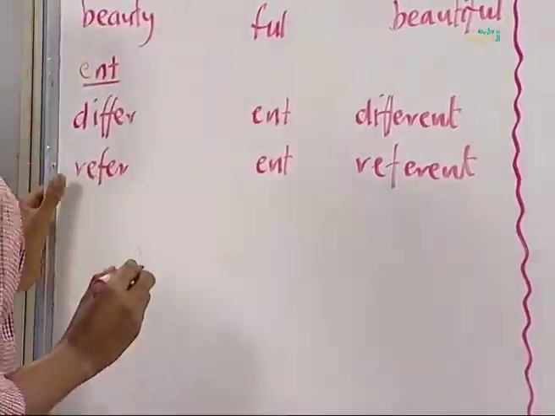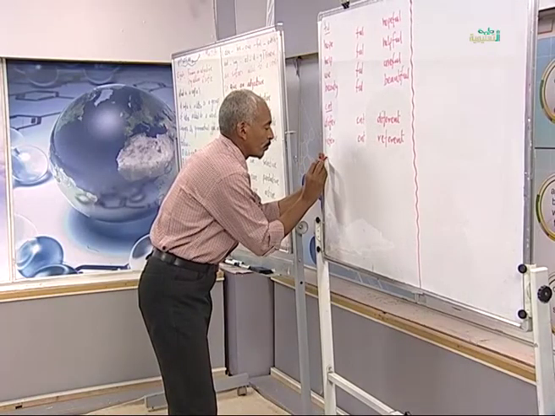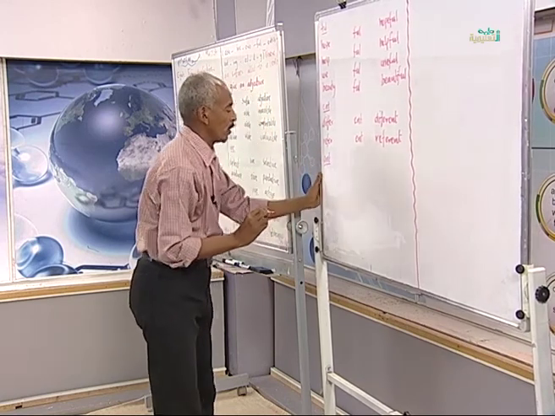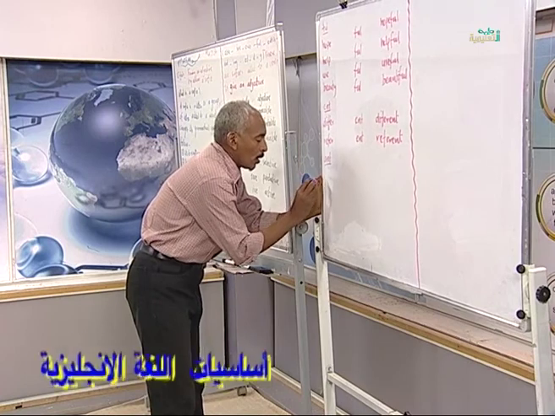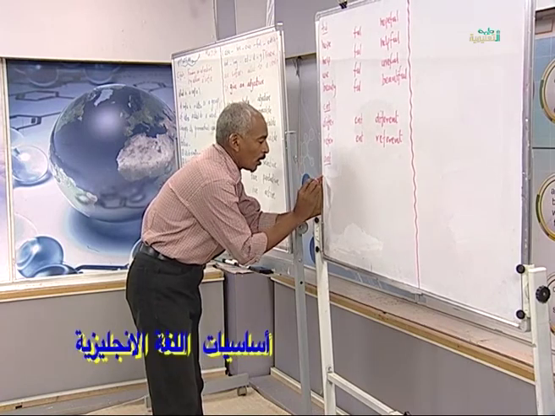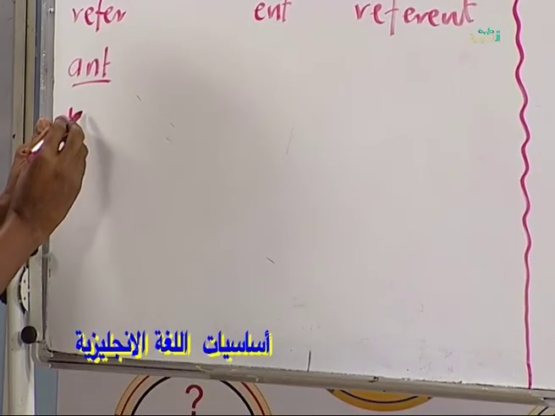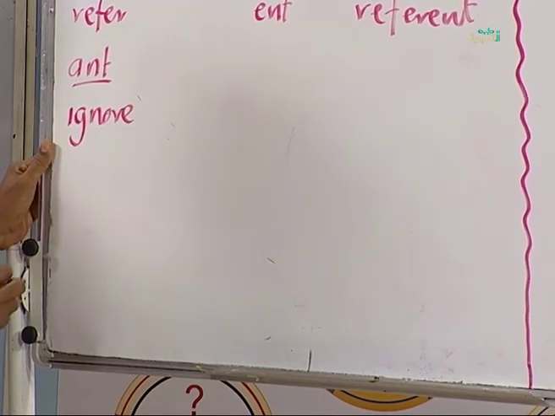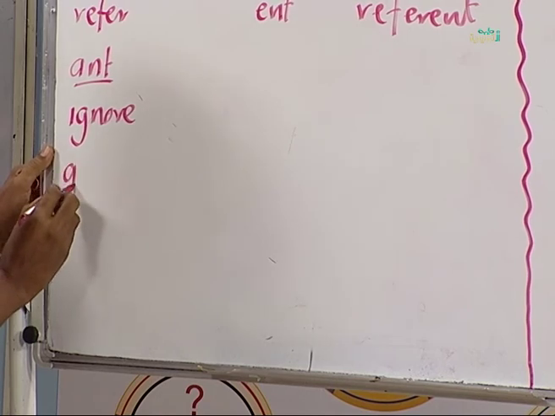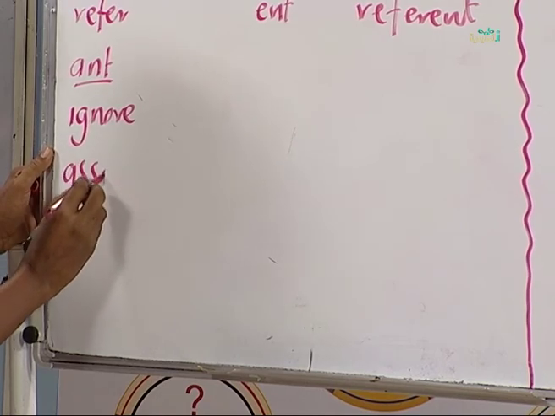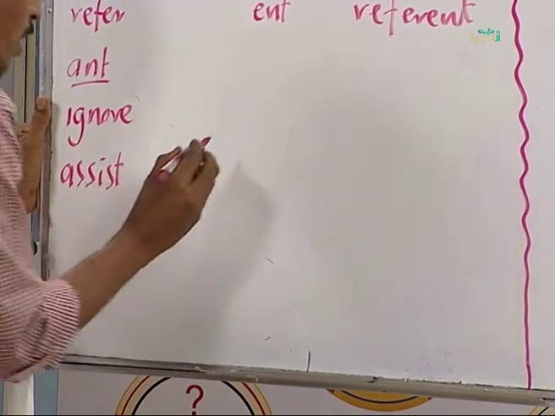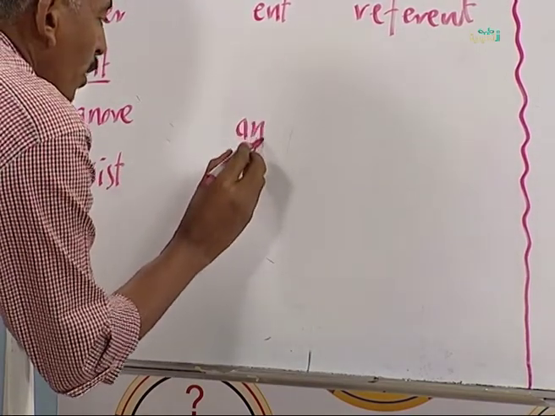We have A-N-T. For example, ignore and assist. We add A-N-T.